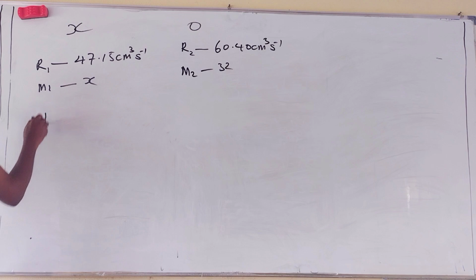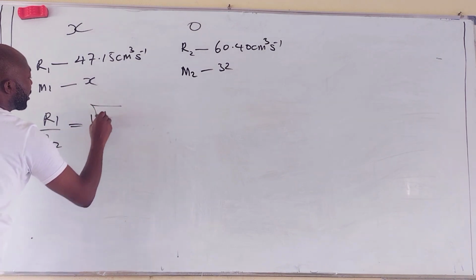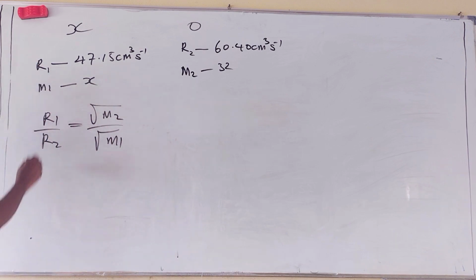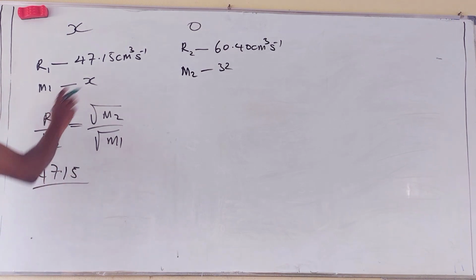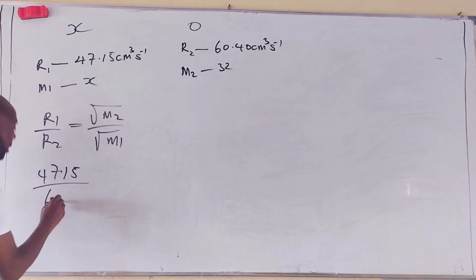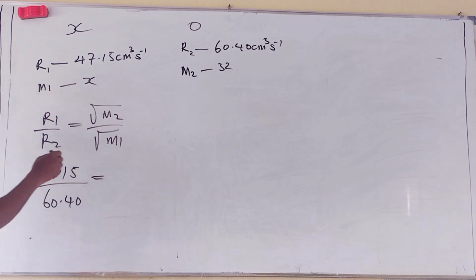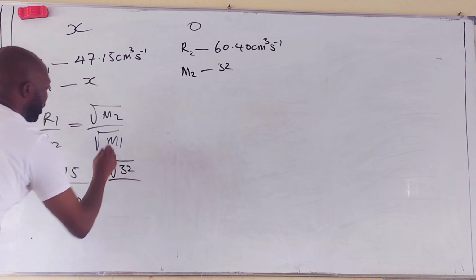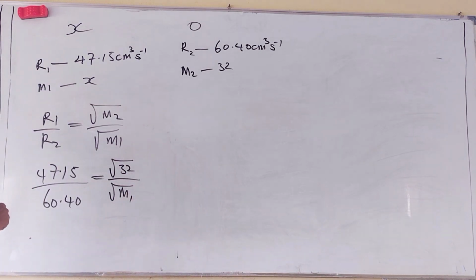So we have R1 over R2 is equal to the root of M2 over the root of M1. R1 is 47.15, R2 is 16.40, M2 is 32, the root of 32 over the root of M1. That's what we're looking for.